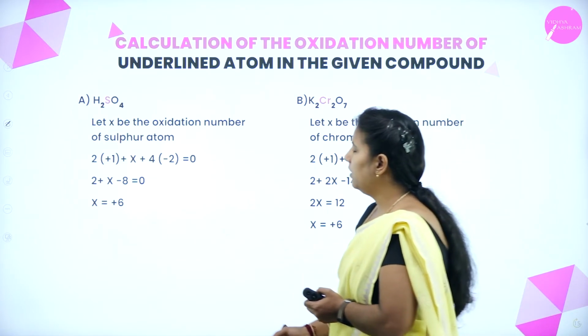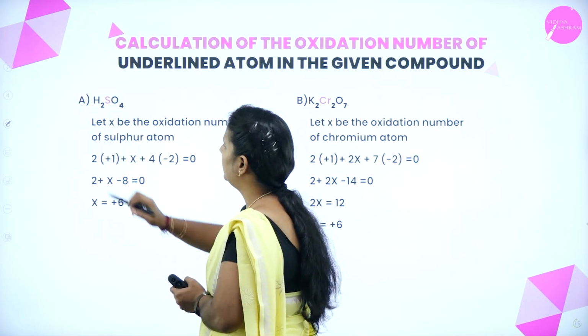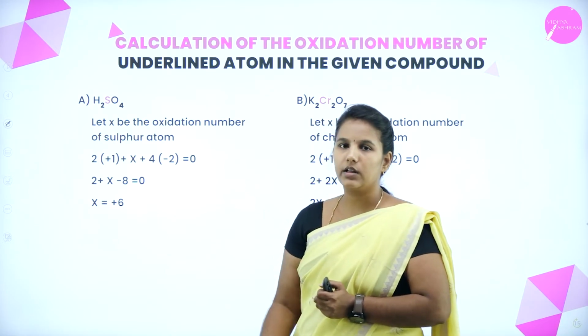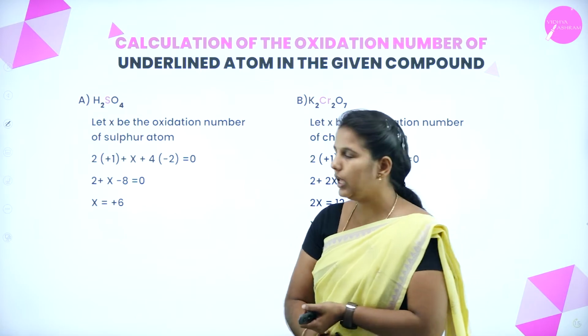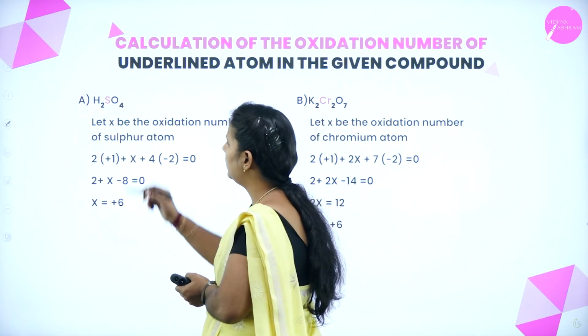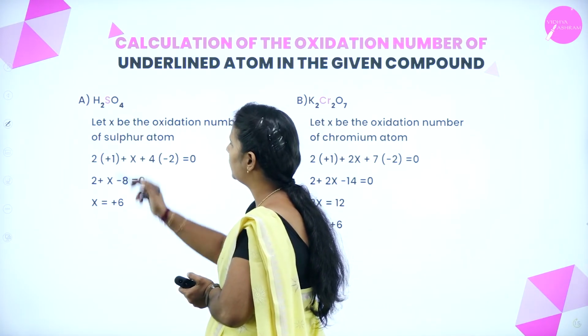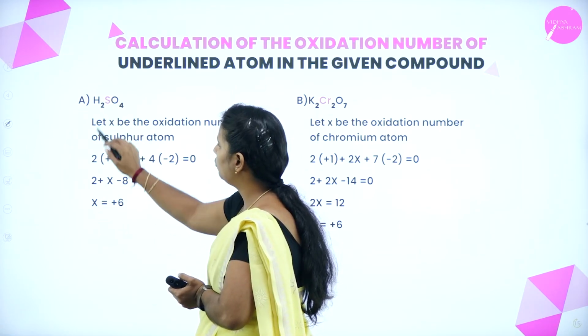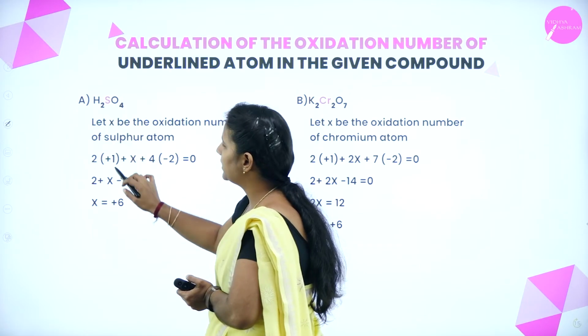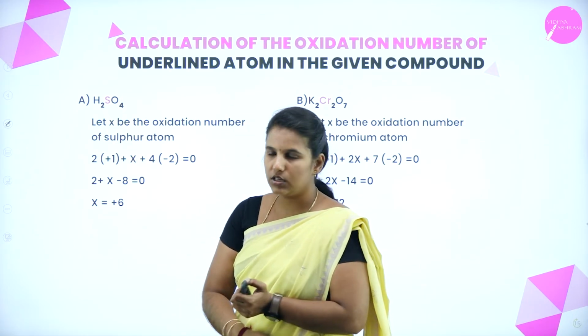Here, the letters marked in pink are the elements whose oxidation number has to be calculated. We know that in H2SO4, let x be the oxidation number of the sulfur atom. There are 2 hydrogen atoms, so 2 times +1. Why is it +1? The oxidation state of hydrogen is +1.